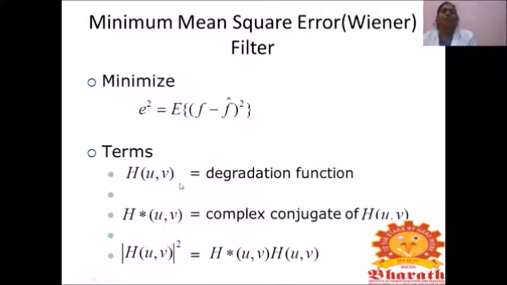H of u comma v is the degradation function, and star represents the complex conjugate. H star of u comma v is the complex conjugate of H of u comma v. If we multiply the degradation function with its complex conjugate, we get mod H of u comma v whole square.